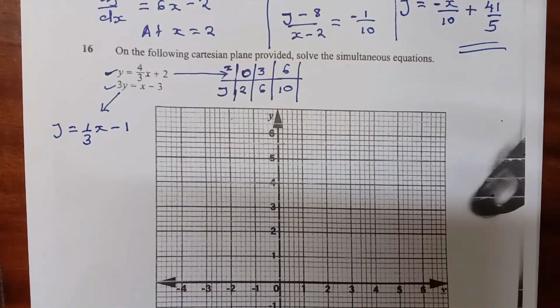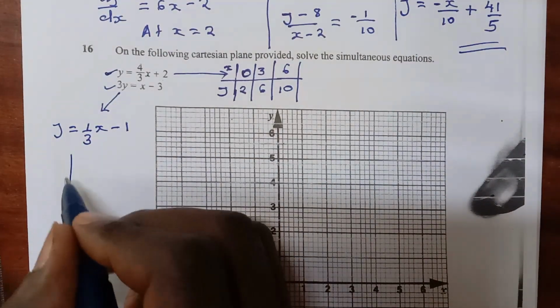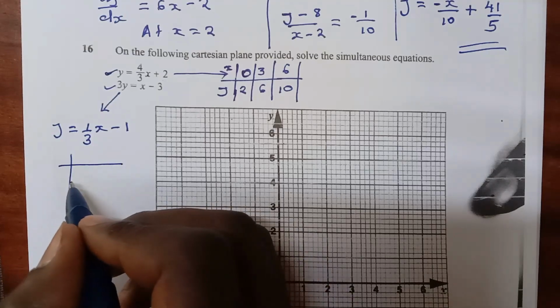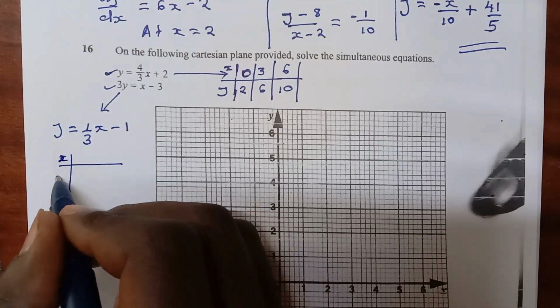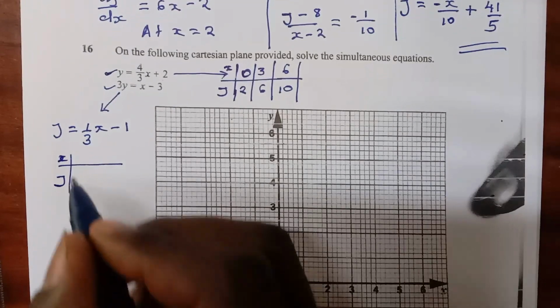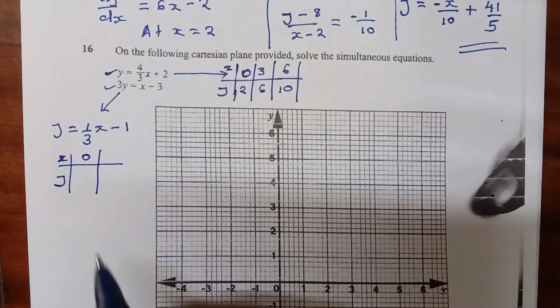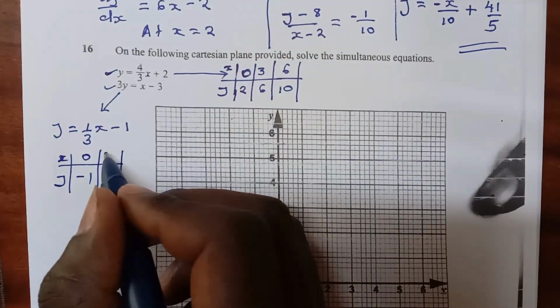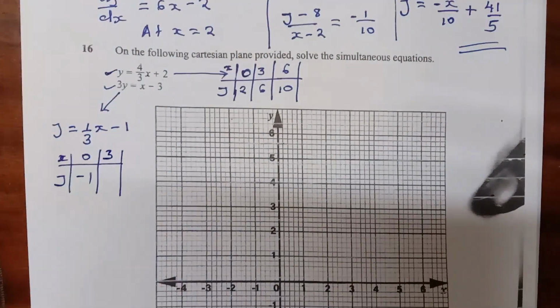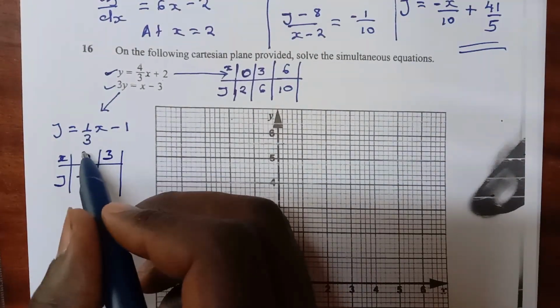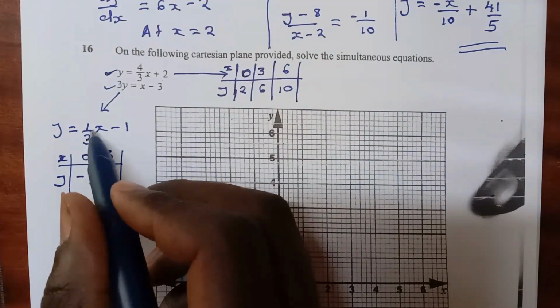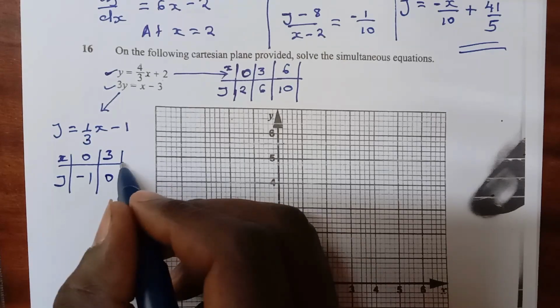If we look for the plotting points for the value of x and the value of y, if the value of x is 0 here, then the value of y is negative 1. If the value of x is 3, this one becomes 1, so 1 minus 1 becomes 0.